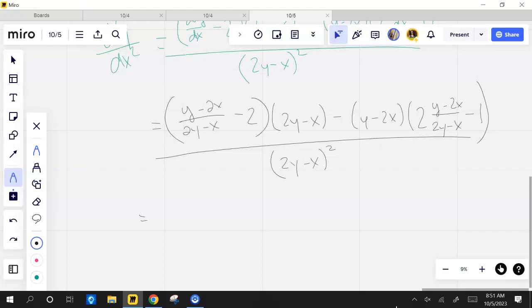Okay, let's stop and look at the answer choices right now. Oh, they're all cubed on the bottom of mine. I see what you're saying.